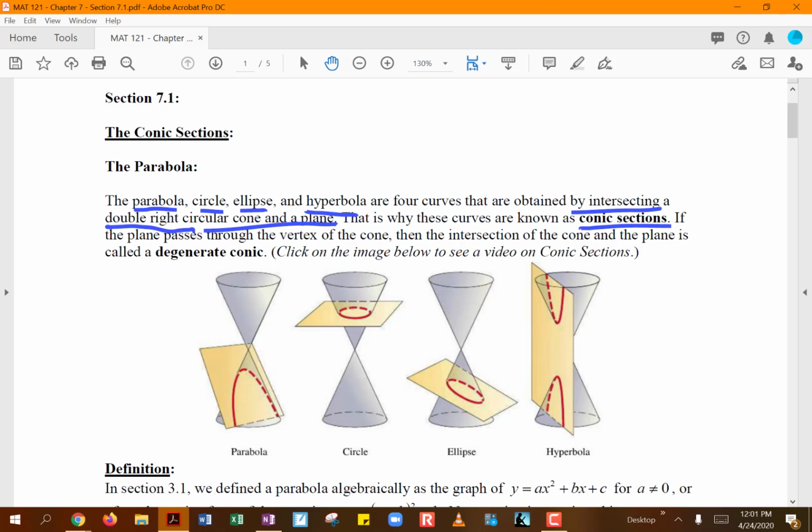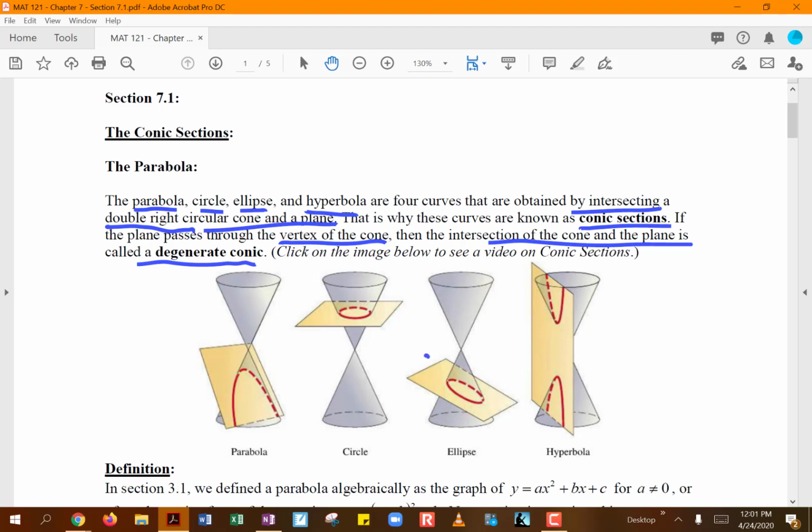Now, basically, we are saying if the plane passes through the vertex of the cone, then the intersection of your cone and the plane is called a degenerate conic. Okay, so you can see with the different images we have here how each one of these sections are created. So we've got the parabola, we've got our circle, we've got an ellipse, and we've got a hyperbola.